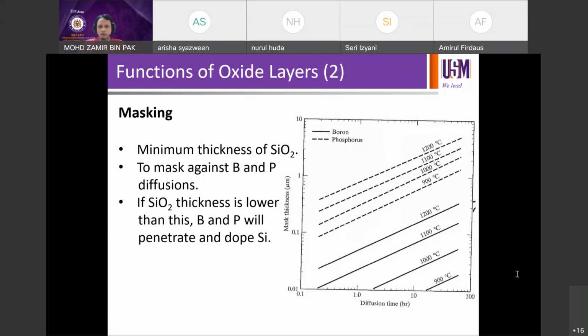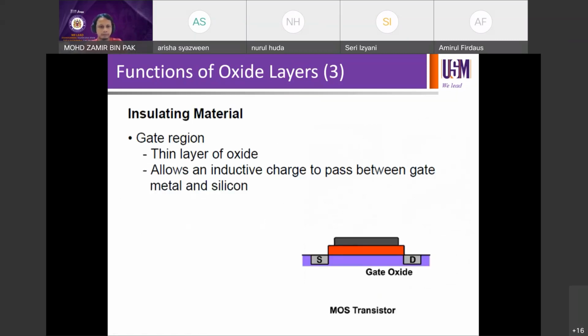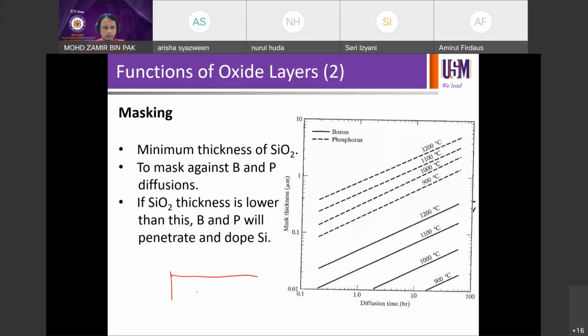Okay. So for example, let's check it out on this graph. If say we want to use the silicon dioxide to block boron, okay. Katakanlah you had a silicon wafer N-type. Oh, sorry. So we are now using N-type silicon 100.